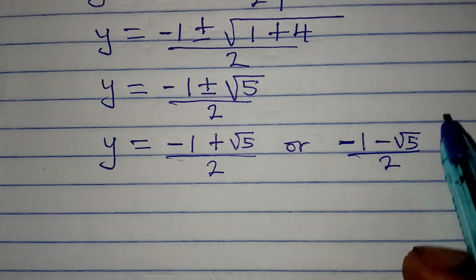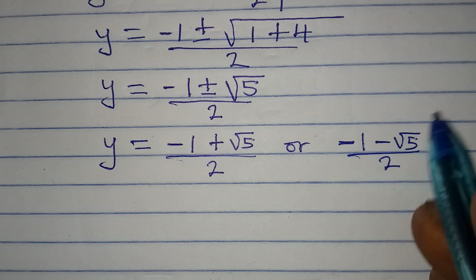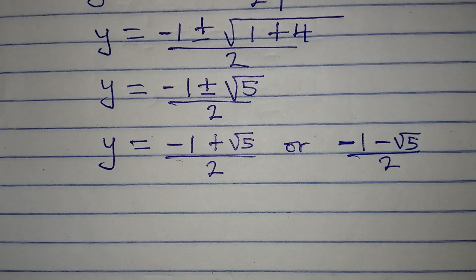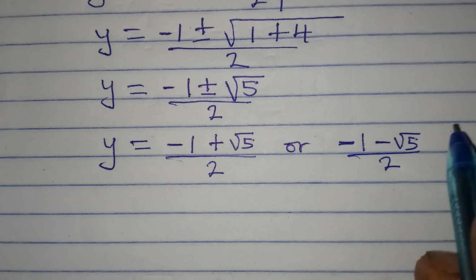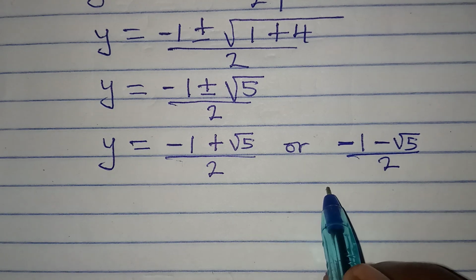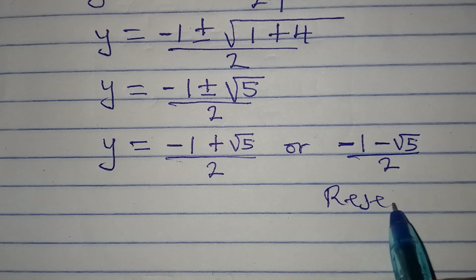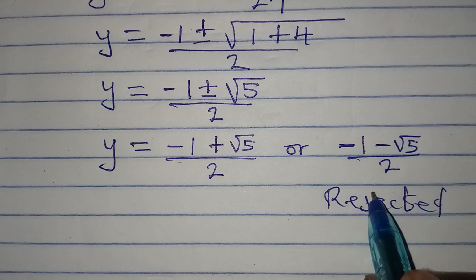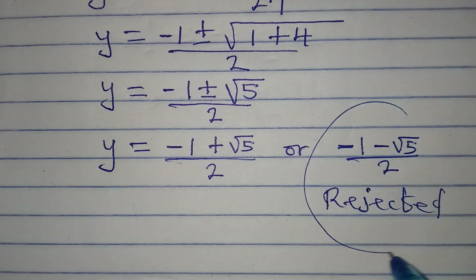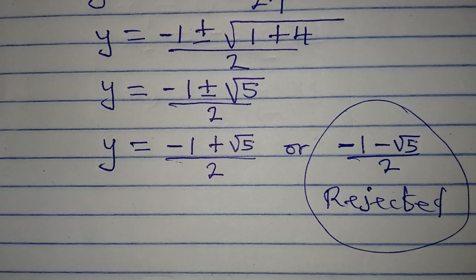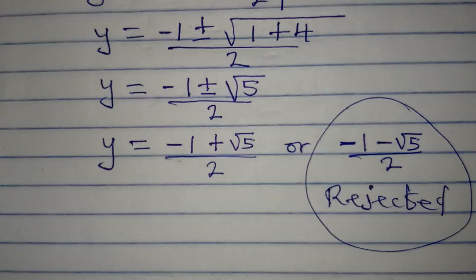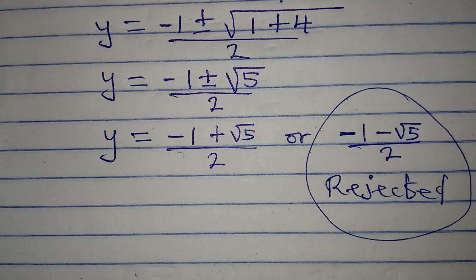From here, if you work with the second one, you end up having a negative value, and because of that, this will be rejected. This will be rejected because it's going to give us a negative value, or it will lead us to a complex number.